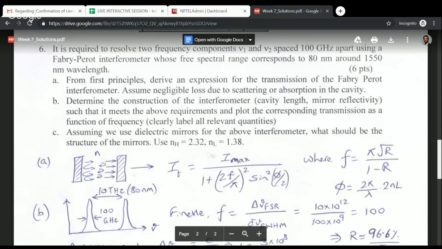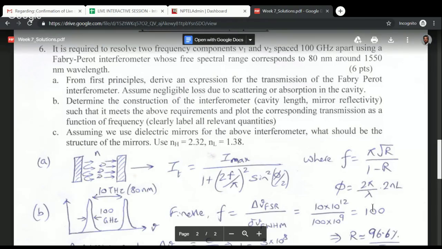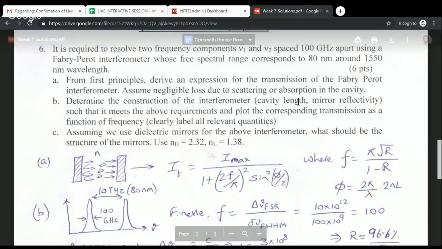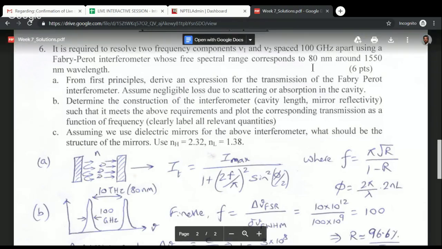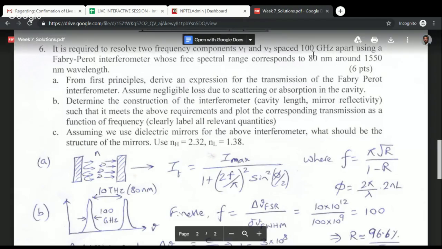So essentially, if you have two mirrors with reflectivity 97%, it will exhibit a finesse of 100, which, if the free spectral range corresponds to 80 nanometers, will allow you to resolve two frequencies that are 100 gigahertz apart.